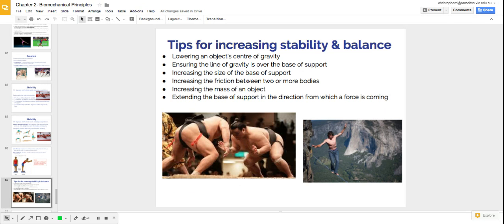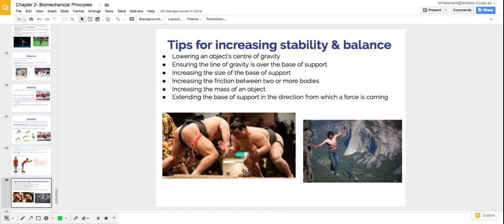To increase our stability and balance, there are a whole heap of different ways we can do this. For example, we can lower our center of gravity, as with our sumo wrestler here, and try to ensure the line of gravity is over the base of support. We might also widen our stance, which increases the size of the base of support.